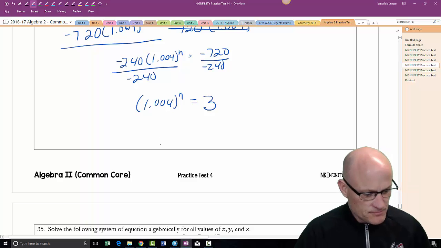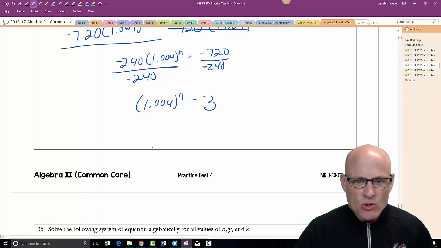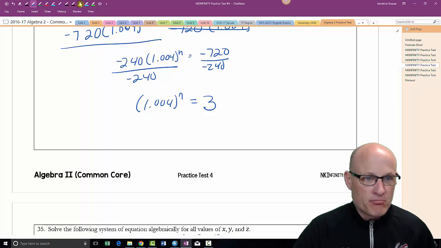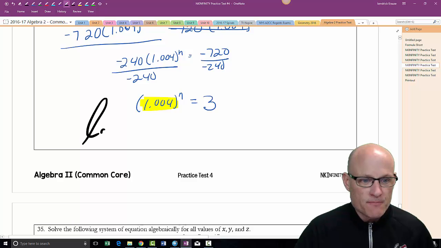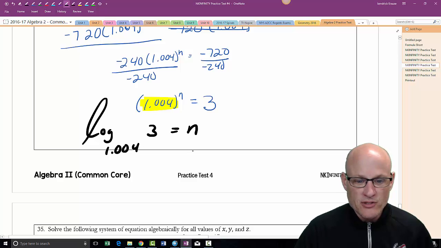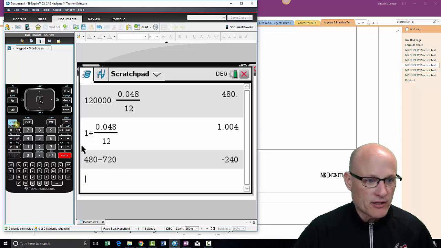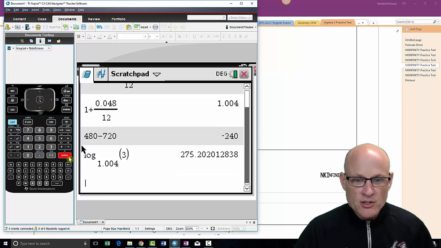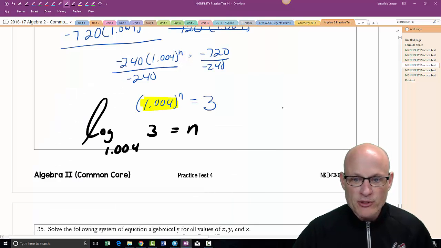Must be 3. So now we're going to log this thing. It's all about that base. So we're going to do log base 1.004 of 3 is equal to n. We'll grab that and put it in our calculator. Log base 1.004 of 3 is 275.202.